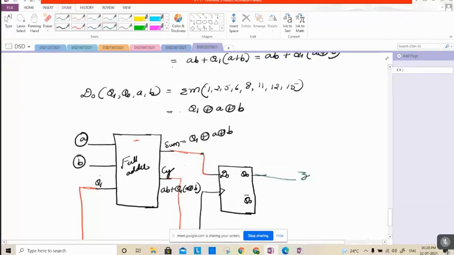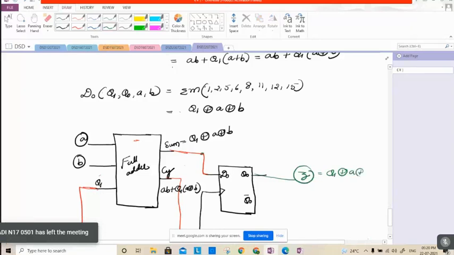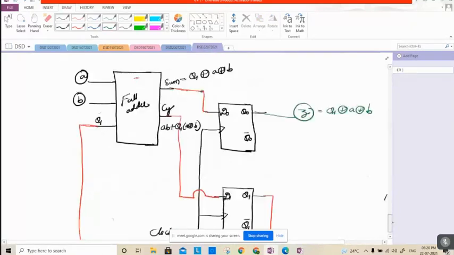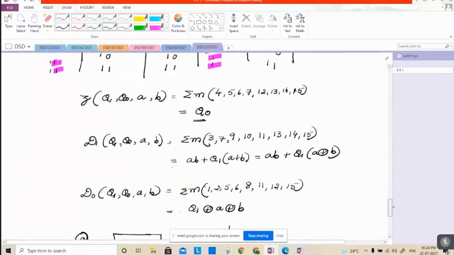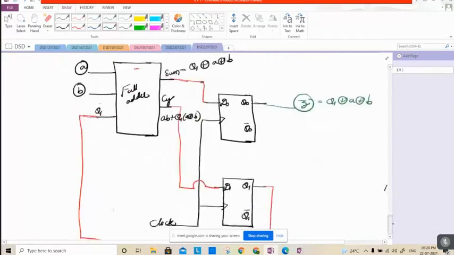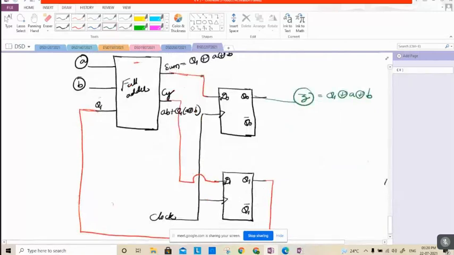So this is Z, which is equal to Q1 XOR A XOR B. Now what about the carry? AB plus Q1 into A XOR B. So carry can be taken here.